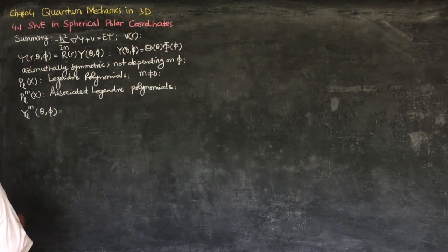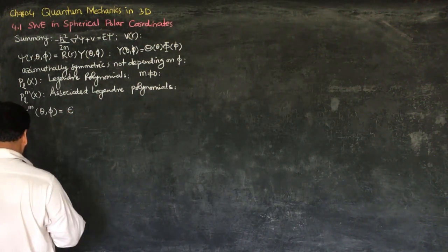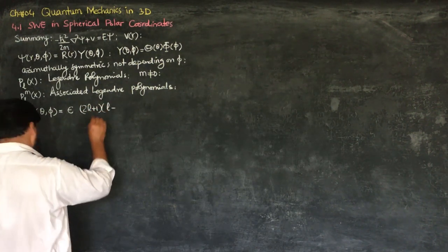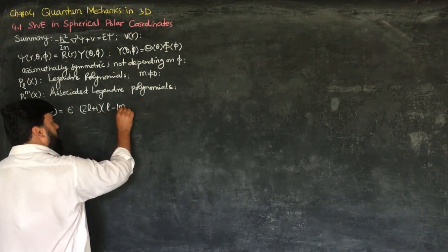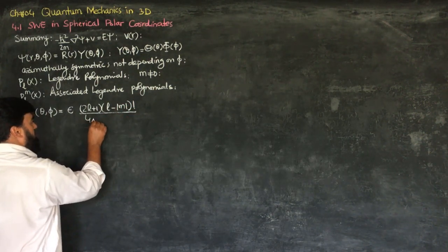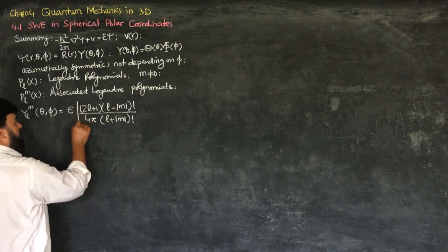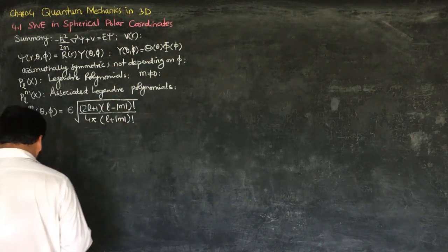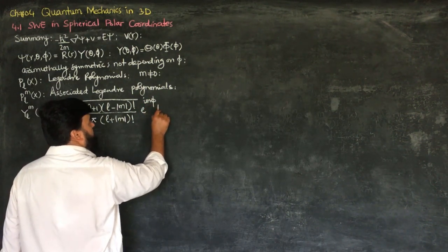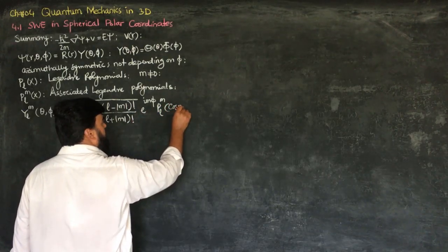The angular equation's final solution was ε times the square root of (2L+1)(L−|m|)! divided by 4π(L+|m|)!, times e^(imφ) and P_L^m of cos θ.